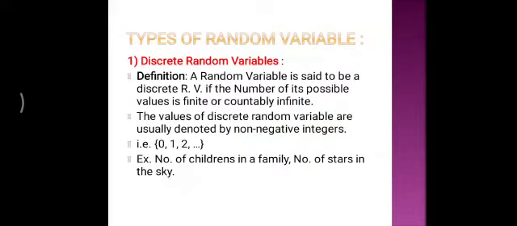Now, types of random variables. What are the types of random variables? First is the discrete random variable. The definition is: a random variable is said to be a discrete random variable if the number of its possible values is finite or countably infinite.